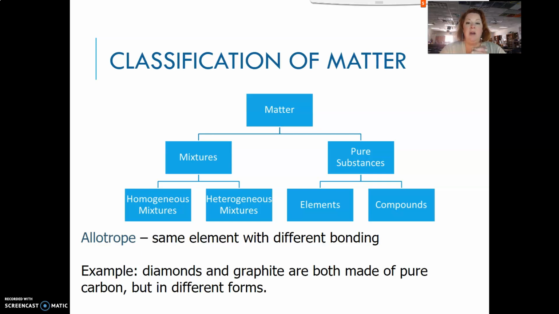But it's also graphite. You know, the not lead, the graphite that would be in your pencil. That way that it is bonded is in sheets, and when you write, those sheets of graphite come off on your paper, leaving your writing. So they're only made up of carbon, just bonded differently, and those are what they're called allotropes.